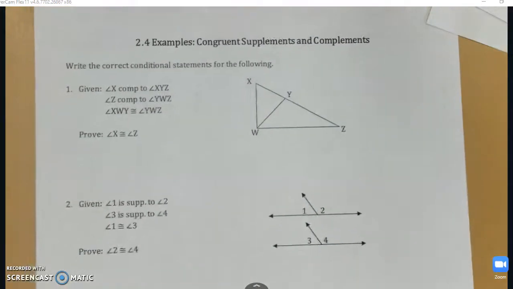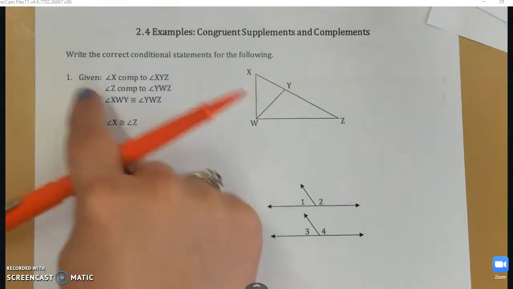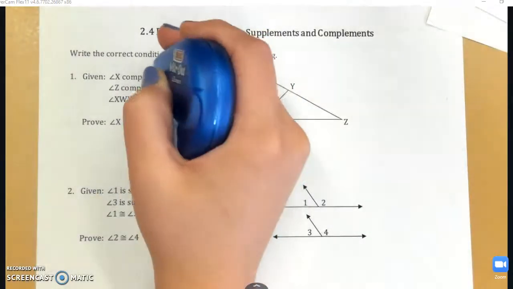So these conditional statements are just going to be if-then. So think if I had written my entire paragraph proof and I'm in my conclusion, this would be the if-then definition statement that I would put at the end of my conclusion. So we're not writing the whole proof, we're just putting the if-then statement that supports our conclusion. So starting here on number 1, the first thing I need to do is correct a small typo.